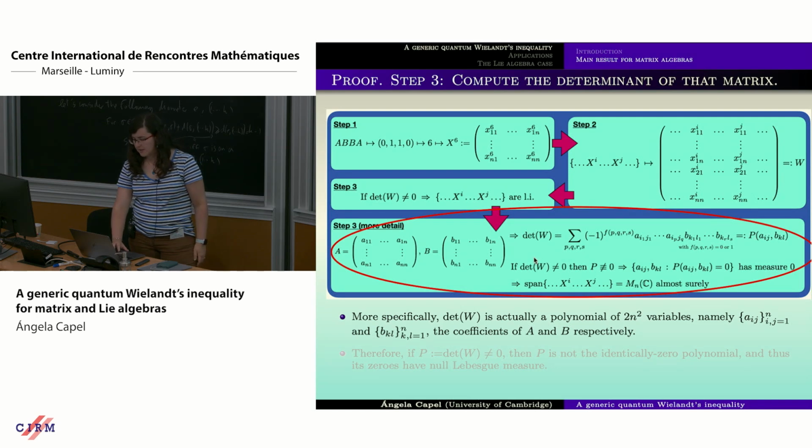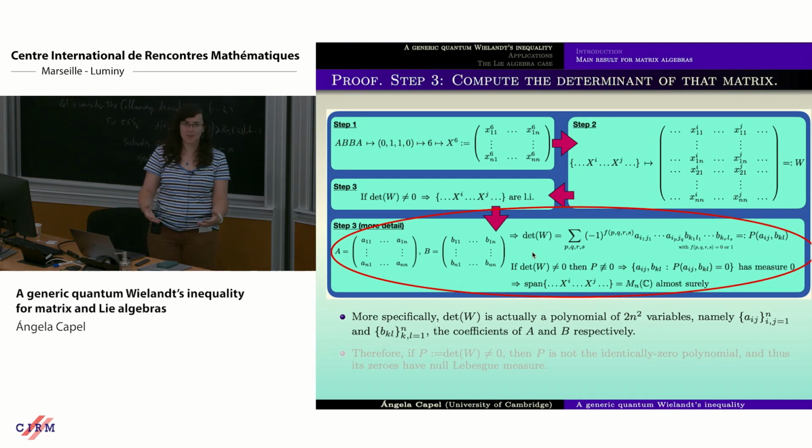And now, of course, if the determinant of our matrix is non-zero, which is what we are looking for, this means that the polynomial is not identically zero. And if the polynomial is not identically zero, well, it's a polynomial, which means that the set of zeros of the polynomial is going to have measure zero.